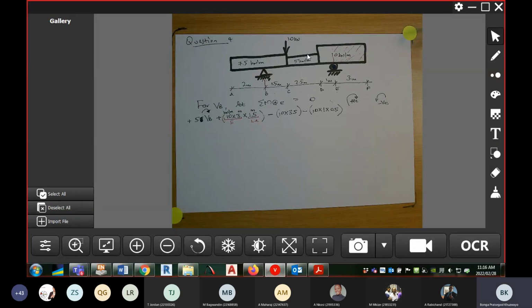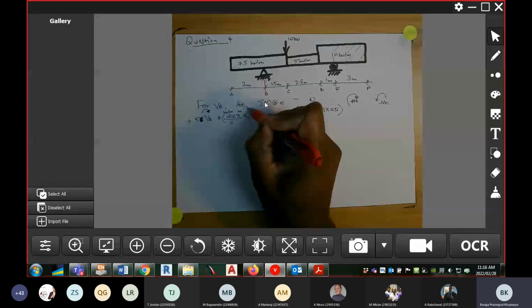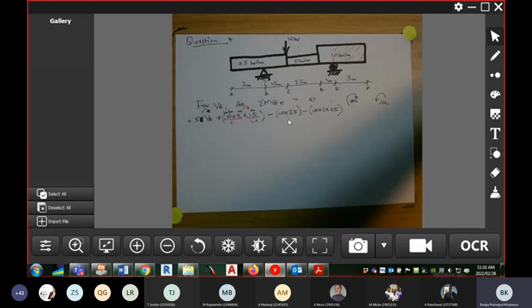So the part that is causing clockwise rotation about node E is this one there. 10 times 3 being a force, and then the lever arm for that force is 3 divided by 2. So that one is going clockwise. This one is also going clockwise about node E.